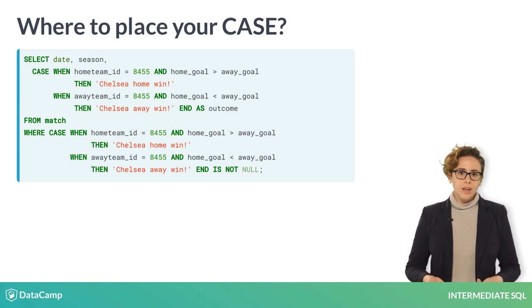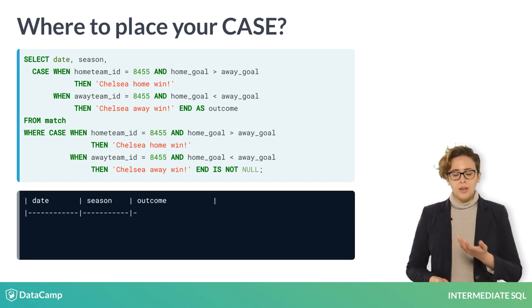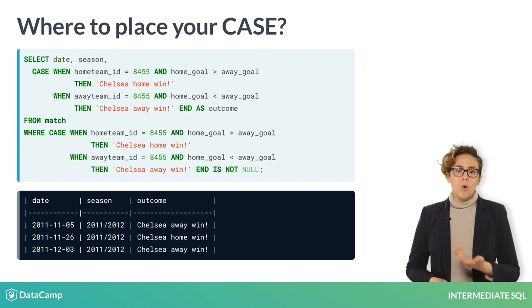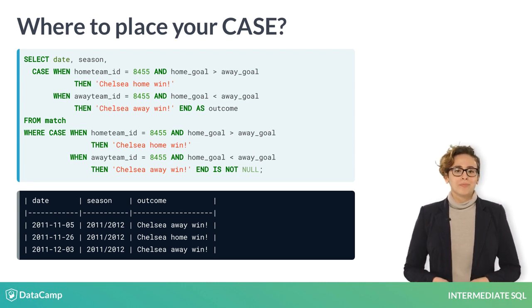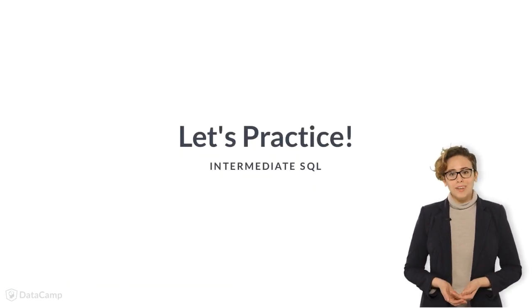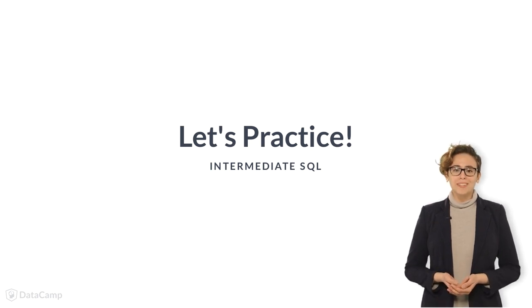For this query, I want to keep all rows where the case statement is not null. My resulting table now only includes Chelsea's home and away wins, and I don't need to filter by their team ID anymore. Okay, let's practice some more complex case statements.